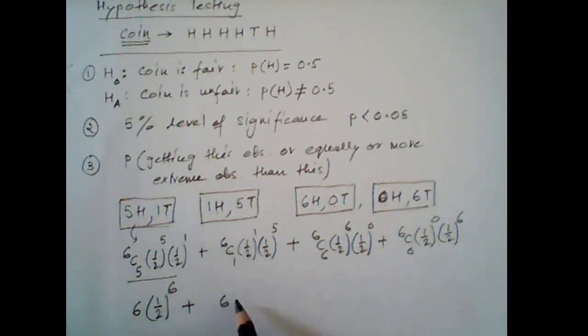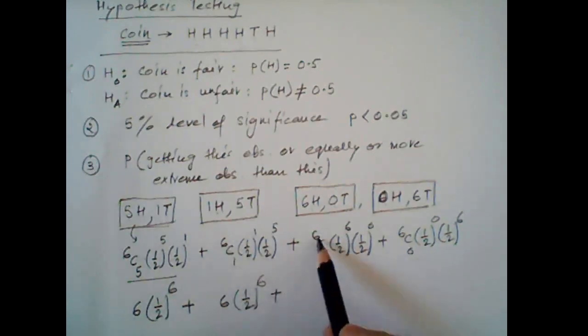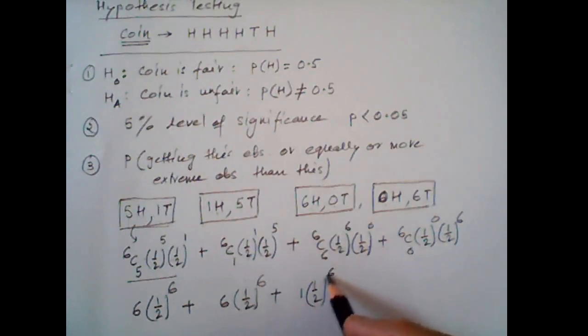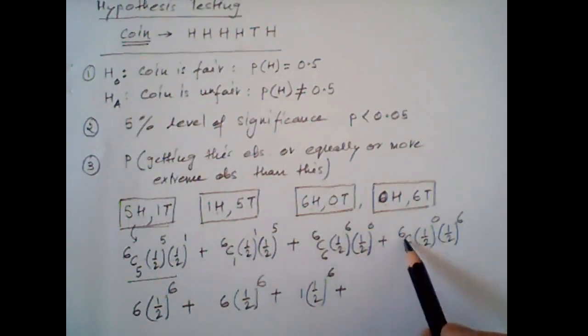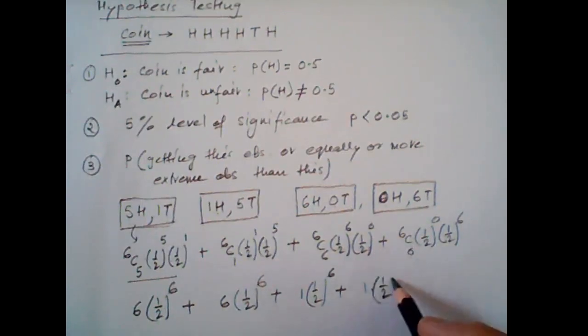And these two will give me half raised to the power 6 again. Plus 6 choose 6 is 1. And these two give me half raised to the power 6. Plus 6 choose 0 is also 1. And these two again give me half raised to the power 6. All right.